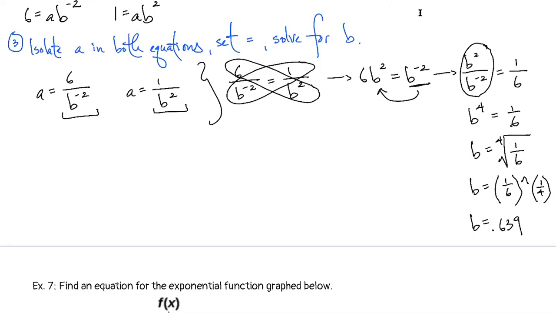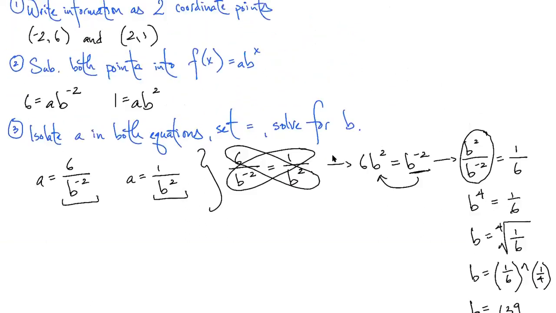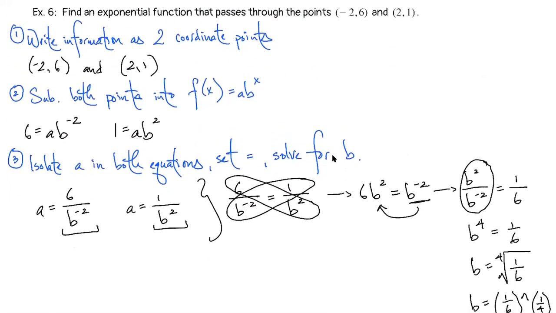That also would have worked. All right, so let's see where we've been and what we still need to do. We wrote our information as 2 coordinate points. We did step 2, where we subbed both points into f of x equals ab to the x. And we isolated a so that we could set them equal to each other and solve for b.